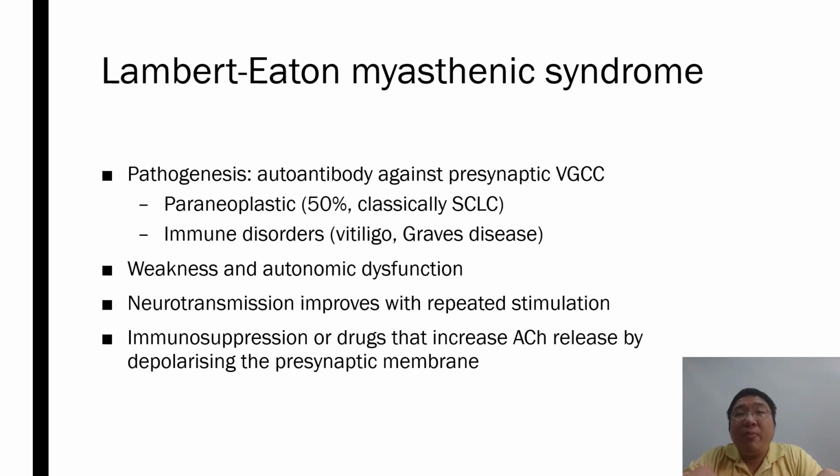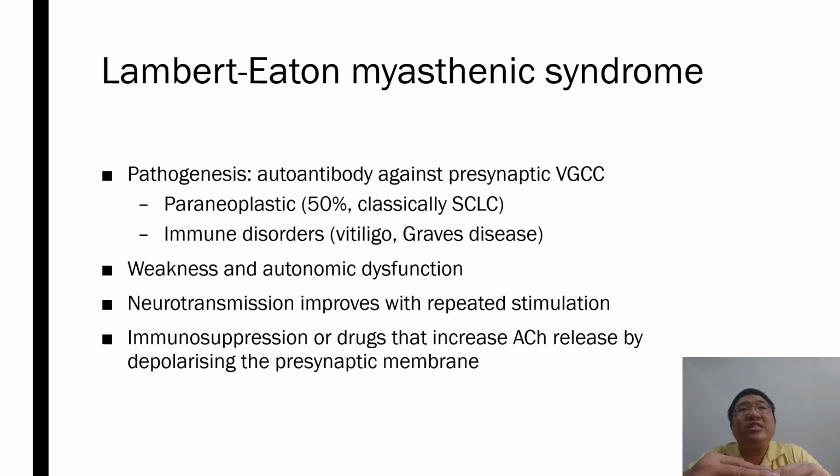Why? The problem of this condition is at presynaptic voltage-gated calcium channel, right? So when there is stimulation, the acetylcholine cannot be released. But when we repeat it again and again, the signal will be strong enough to activate acetylcholine release from the presynaptic nerve terminal.